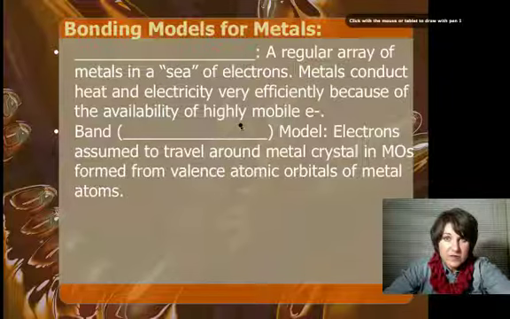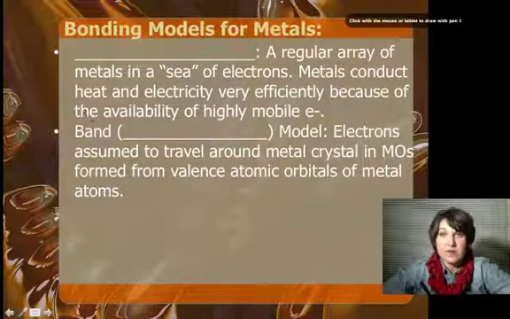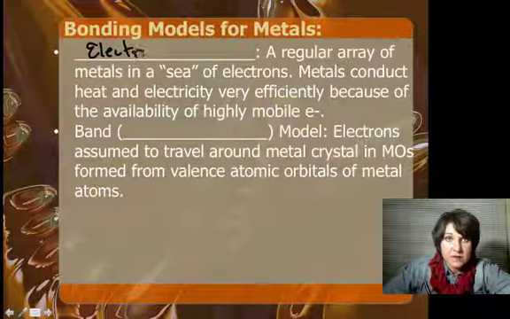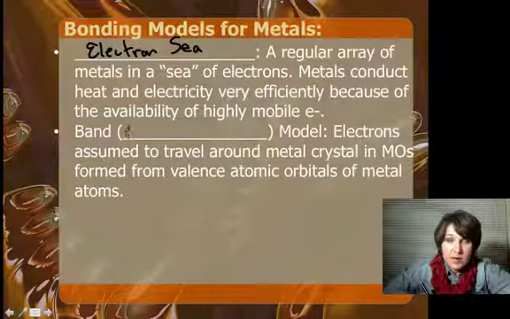So there are a couple of different bonding models for metals. In one model, we have the electron sea. And in the other model, it's the molecular orbital model.